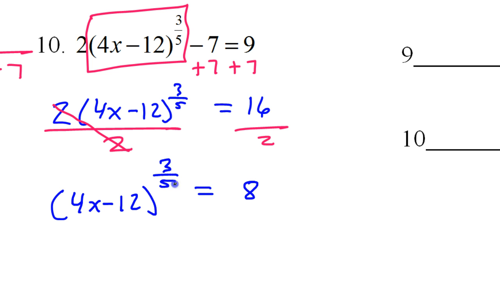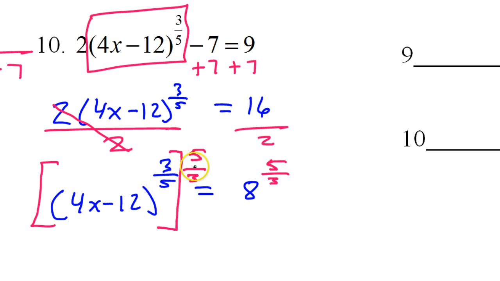Now, to deal with the fractional power, you can raise both sides of the equation to the reciprocal power. Okay, so what I'm doing is, let's do this. I'm raising this side to the 5/3 power, and I'm raising this to the 5/3 power.